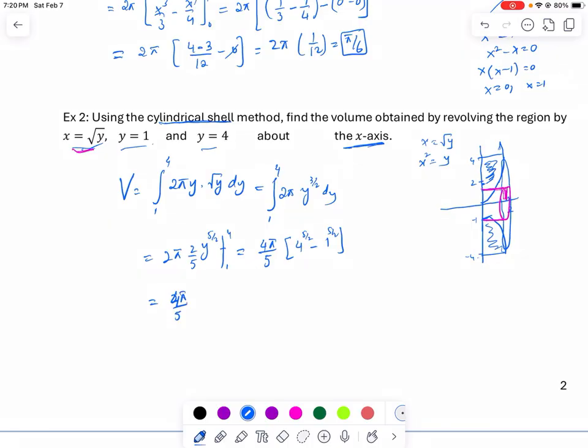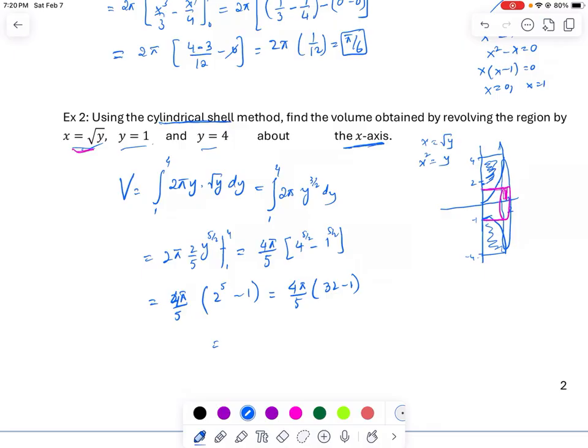Now 4 raised to 5 halves means 2 raised to 5, because the 1 half is the square root, which makes 4 into 2. What is 2 to the 5? It's 32. So I get 32 minus 1.